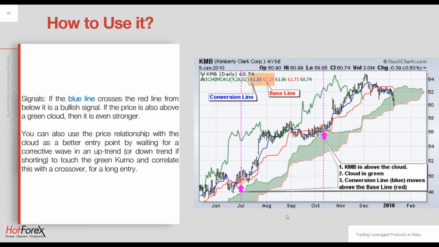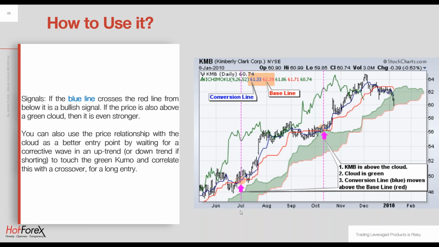So a cross like the one I mentioned, when blue crosses red, we said it's a bullish signal, but if at the same time our cloud is green and the price is above the cloud, then this is an even stronger signal. An example like that could be seen here when they crossed, green, see?